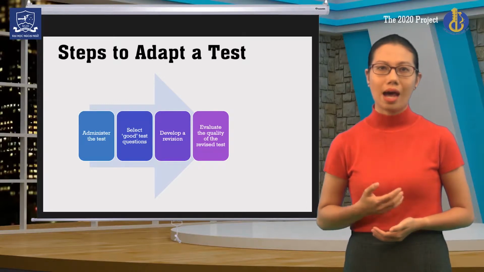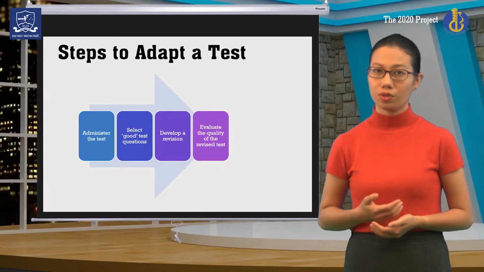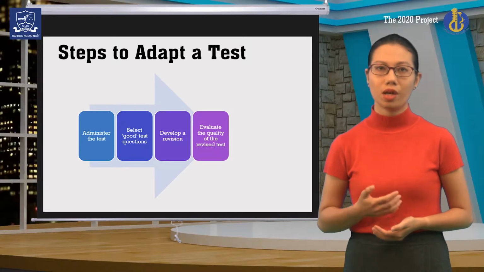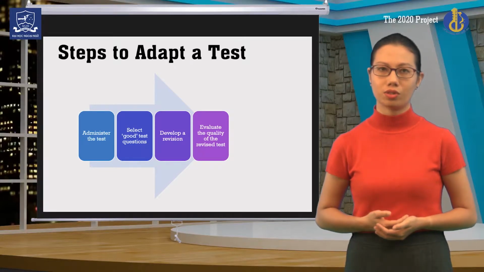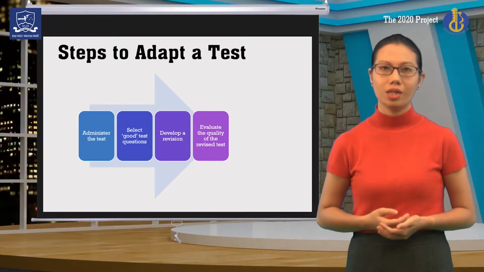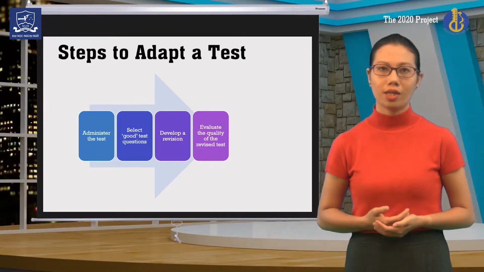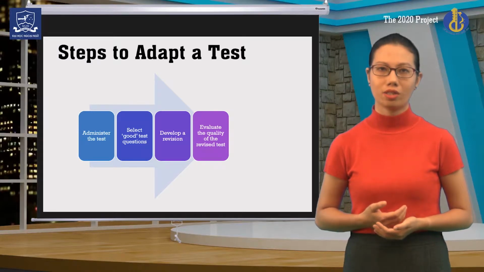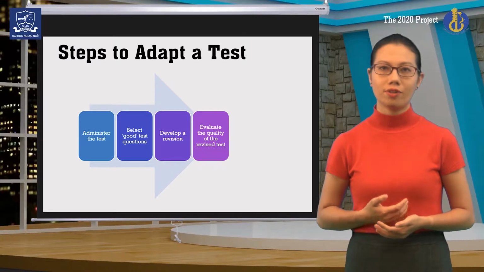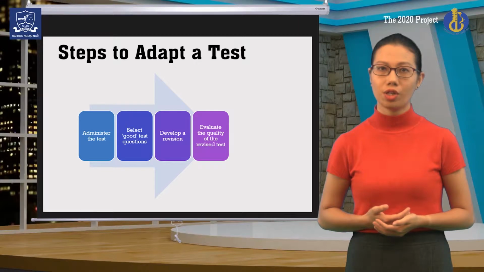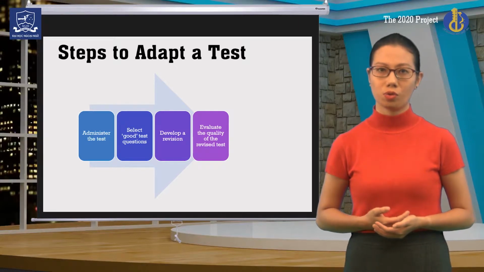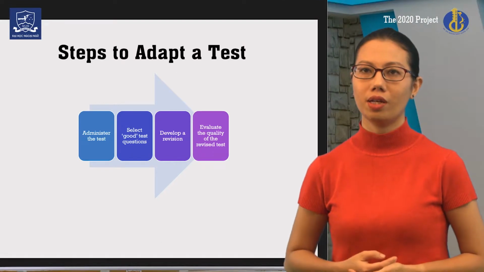1. Administer the test in the particular program, using the appropriate teachers and students. 2. Select those test questions that work well at spreading out the students for NRTs, or are efficient at measuring the learning of the objectives for CRTs in this particular program. 3.